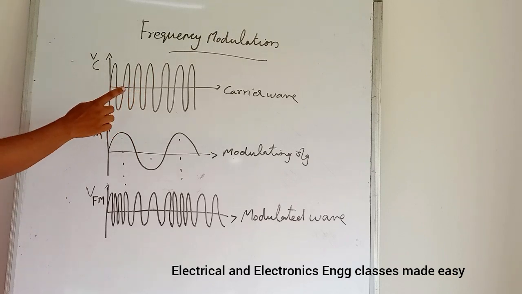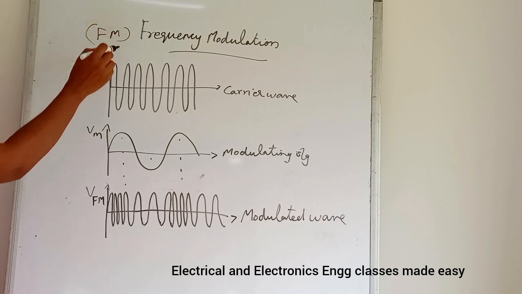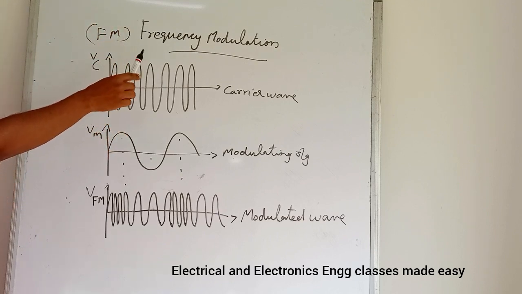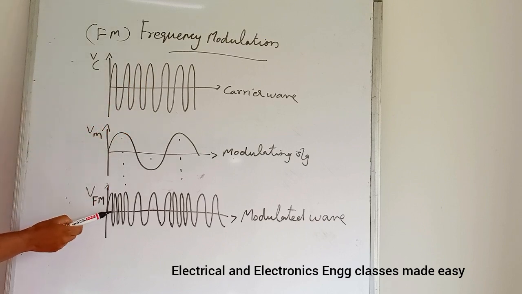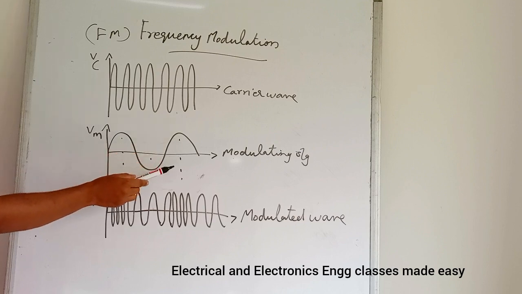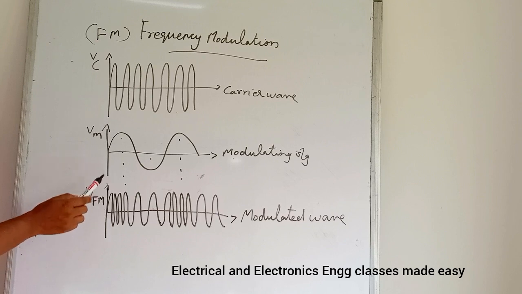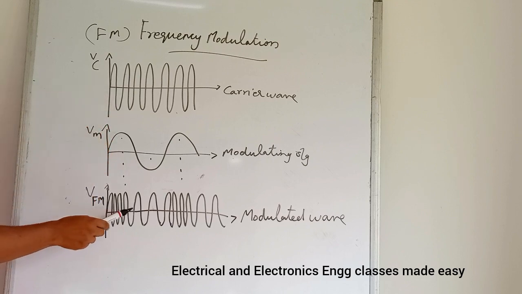Next is frequency modulation, FM. So, in frequency modulation, the frequency of the carrier wave. So, frequency means 1 by time period. So, here the frequency of the carrier wave is varied in accordance with the instantaneous values of the modulating signal. And here the amplitude and the phase of the carrier signal remains constant.